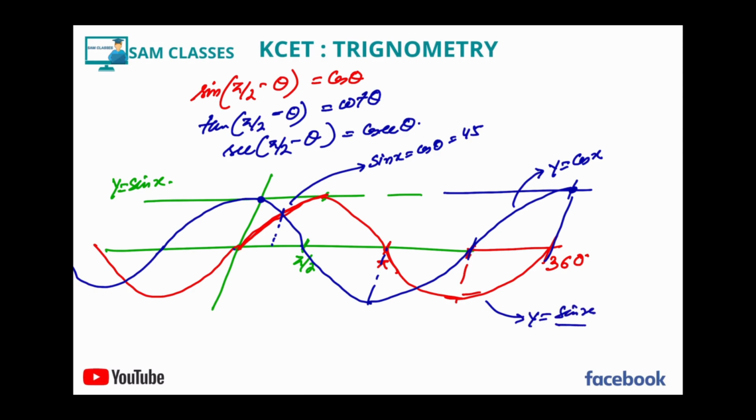So you can do a comparison study: you have taken this graph and shifted it by how much? 90 degree, pi by 2. If you shift this whole thing and put it here, the graph will be shifted by 90. So you'll be able to get the same sine graph. Clear? Correct.